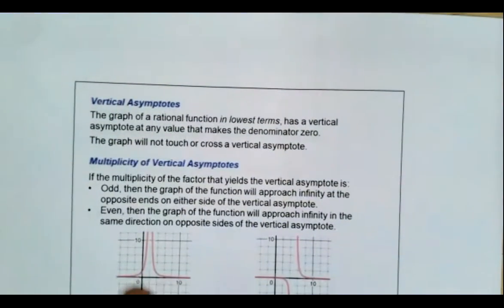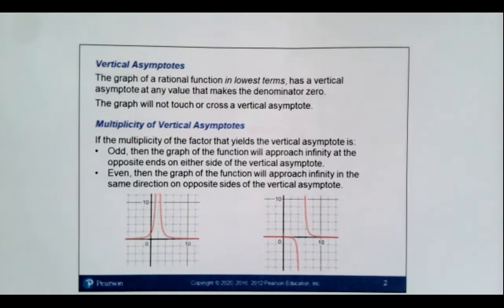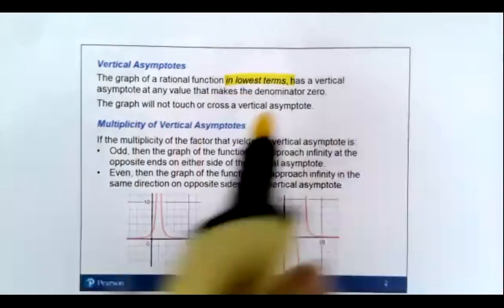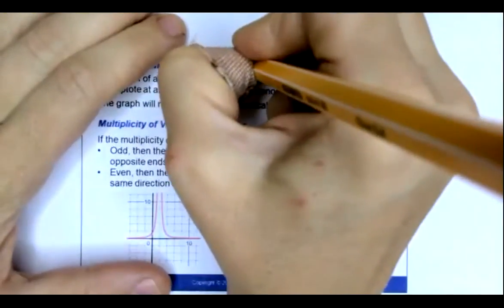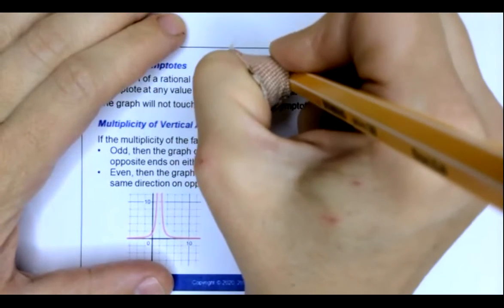I said we would be talking about asymptotes today. An asymptote is when a graph approaches but never touches an x value in this case. Okay. The graph of a rational function in lowest terms, when they say in lowest terms, they mean it has been factored and simplified.